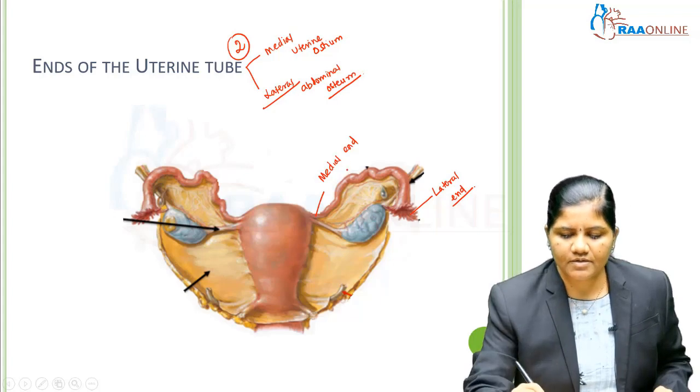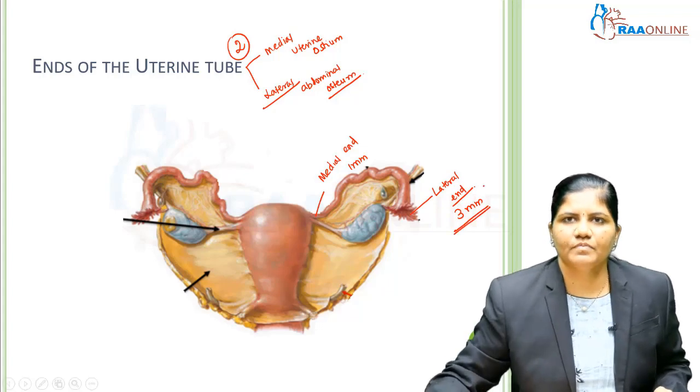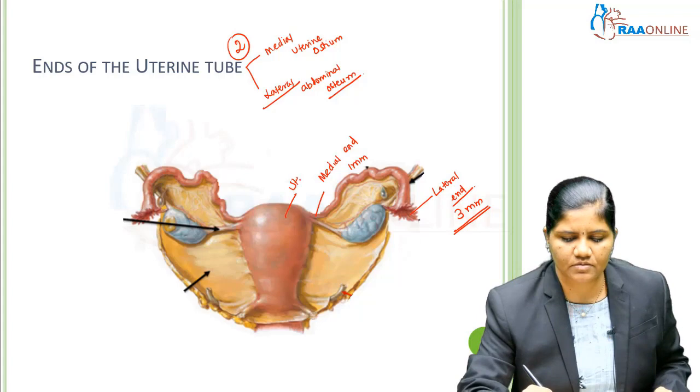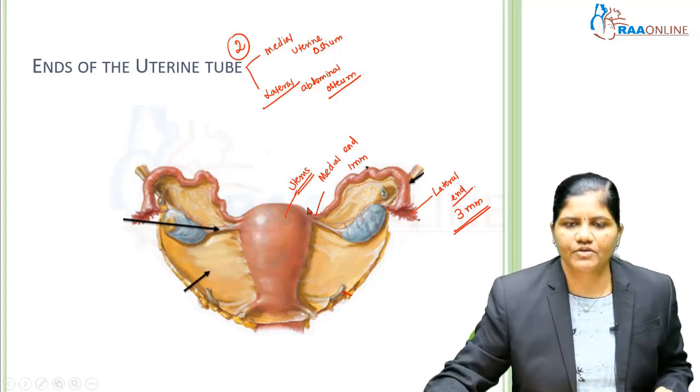The medial end is around 1 mm in diameter, and the lateral end is around 3 mm in diameter. The medial end opens into the uterus, and just below the medial end there is the attachment of the ligament of the ovary.